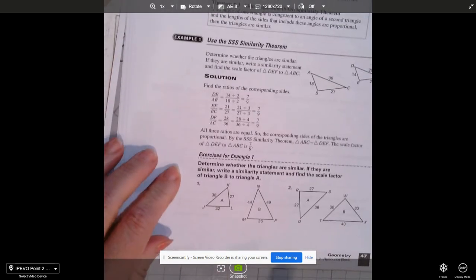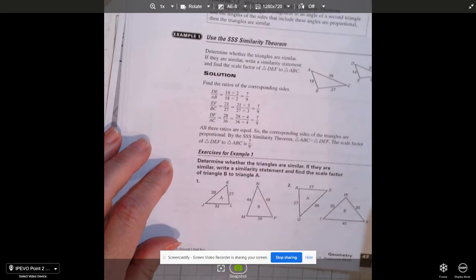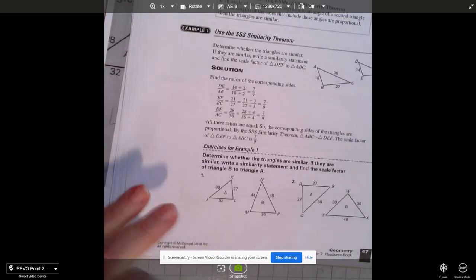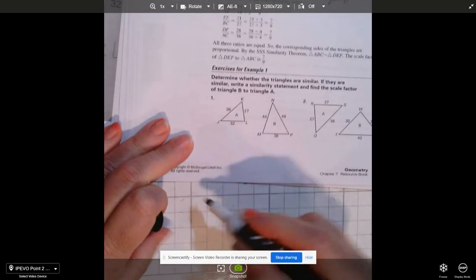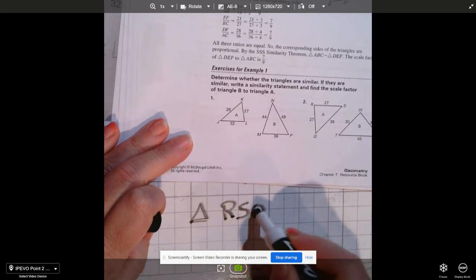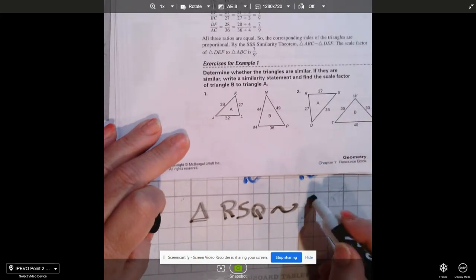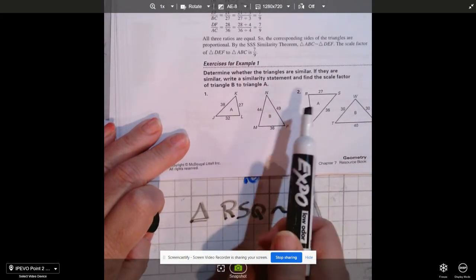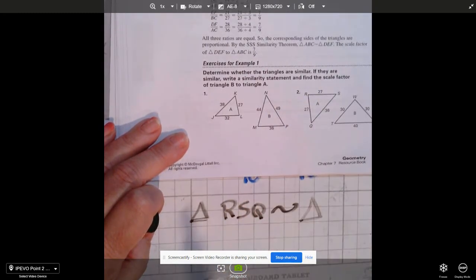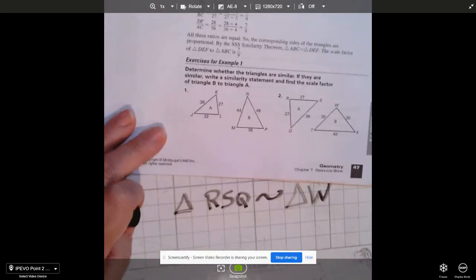Now they said, if they are similar, write a similarity statement. To write a similarity statement, I'm going to start by writing this triangle in any order. Triangle RSQ is similar, that's the similarity symbol, to triangle... If I started with angle R, angle R is between the two sides that are congruent, so that would correspond to angle W in the other triangle.